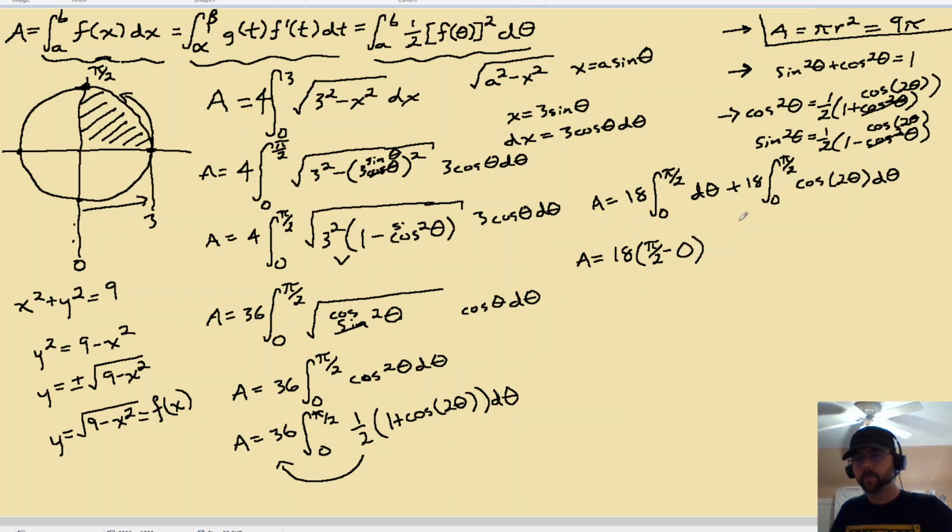And then we're going to have plus, and we have to use substitution, or whatever variable you want to use. The short answer is that this gives you 1/2 cosine of u du. Yeah, we'll do it the long way, because then you would change your bounds normally too.